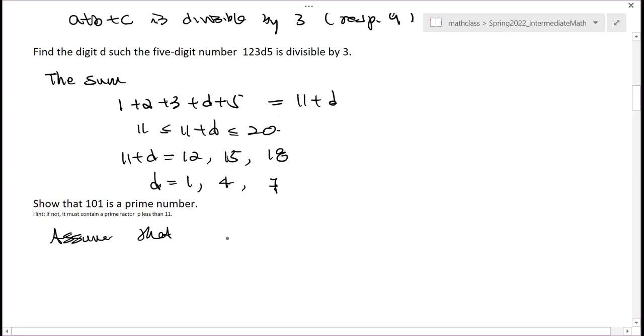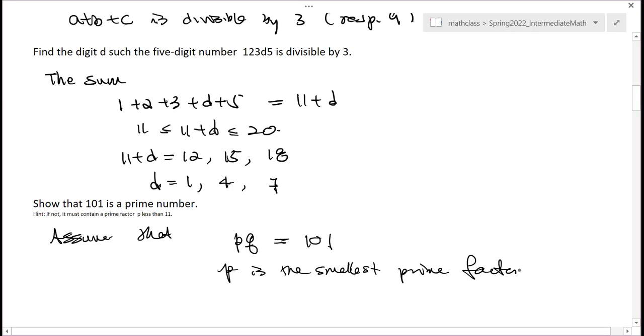So assume that PQ equals 101, and P is the smallest prime factor, so P should be less than or equal to Q. There are many prime factors there, and Q is not necessarily a prime number. So assume that 101 is divisible by some small prime number.